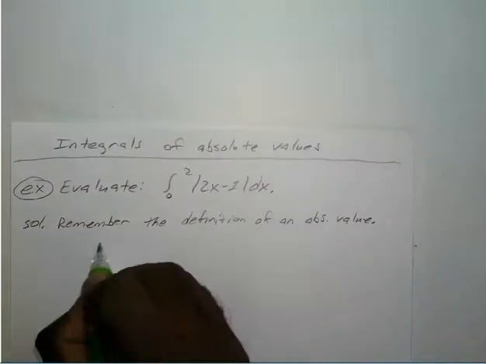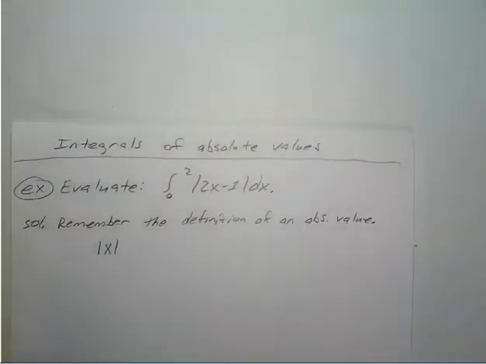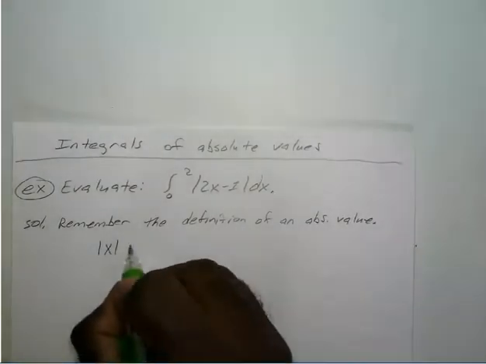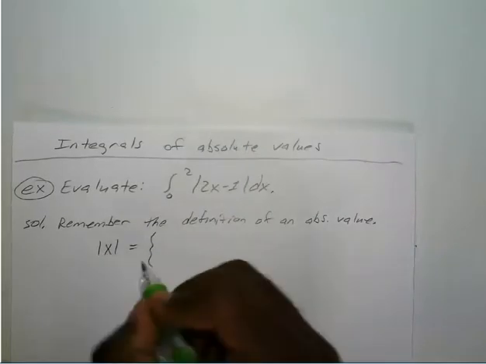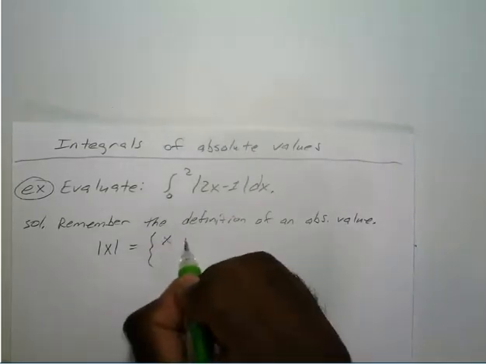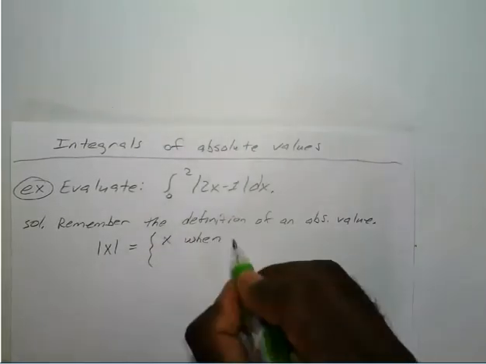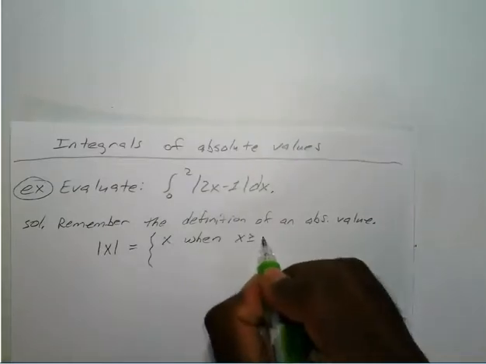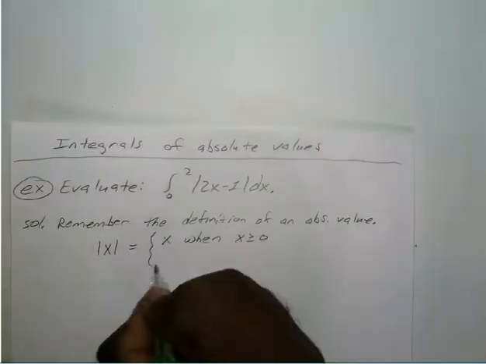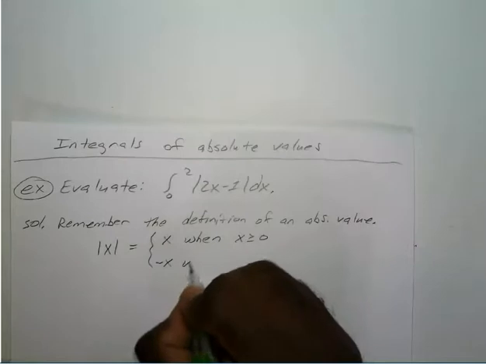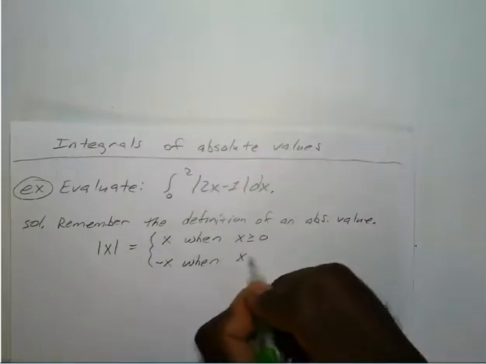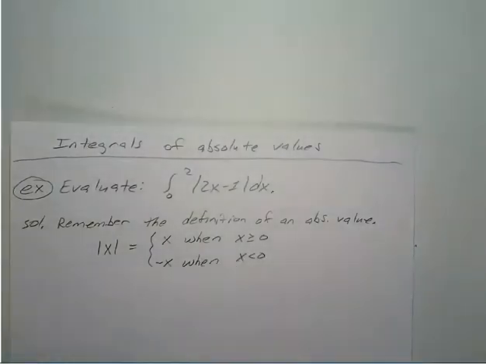Okay, so if you have the absolute value of some value, we'll say x, then that's going to equal either x when x is greater than or equal to 0, or it's going to equal negative x when x is less than 0. Okay, so let's say, for example, you have x equals 3.